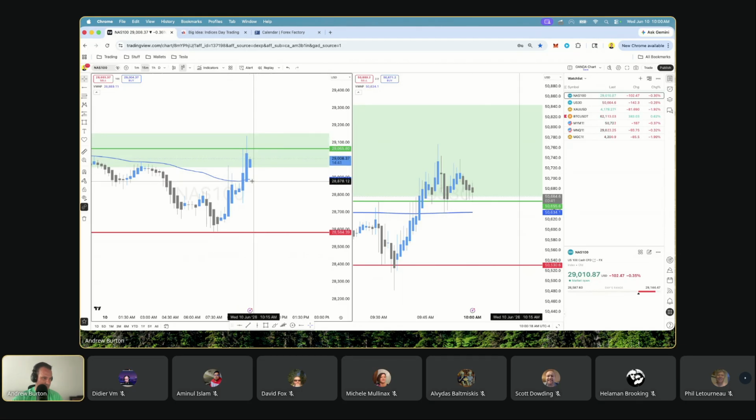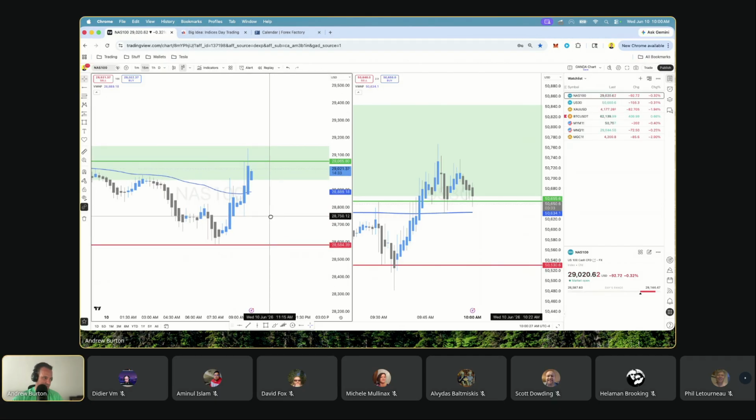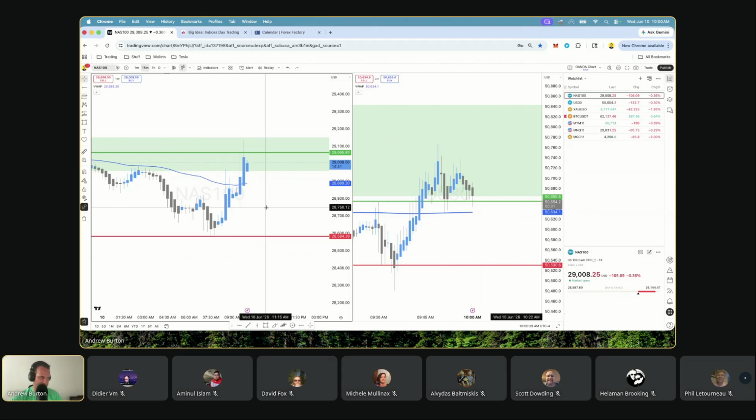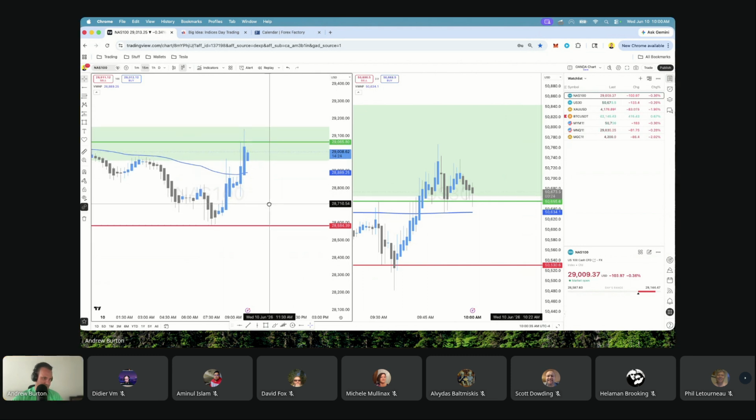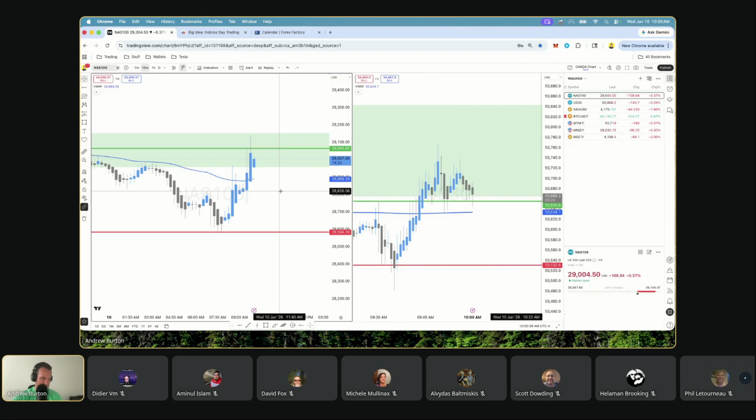If we get a body open down here below the VWAP or around this area, then we could come down here. This was kind of what it was like yesterday. Around 10 a.m., we didn't have a trade for like 10 minutes or something just because we were waiting on the higher time frames. So we'll have to see what happens with this.